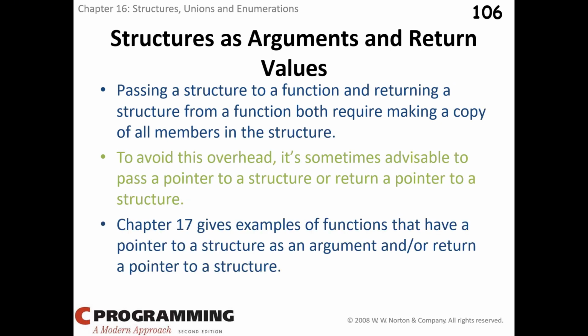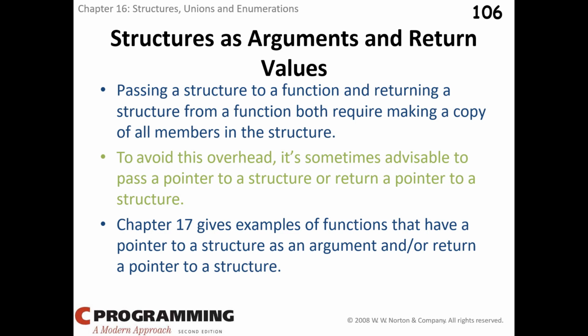So when we pass a structure to a function or return a structure from a function, a copy of all members in the structure is made, and this copying process incurs some overhead, especially for large structures. And to minimize this overhead and improve efficiency, it's often advisable to pass a pointer to a structure or return a pointer to a structure instead of passing or returning the structure itself.